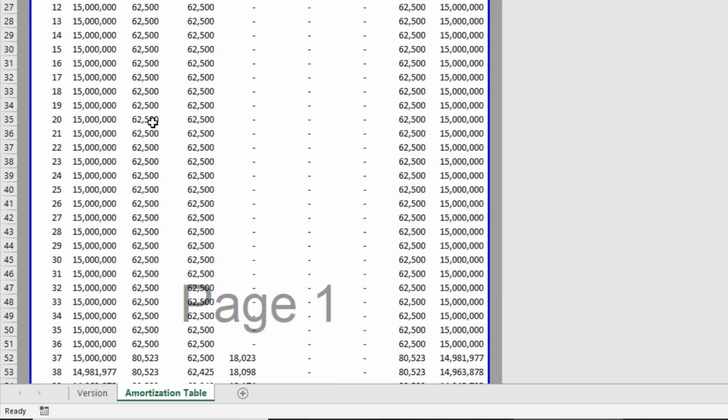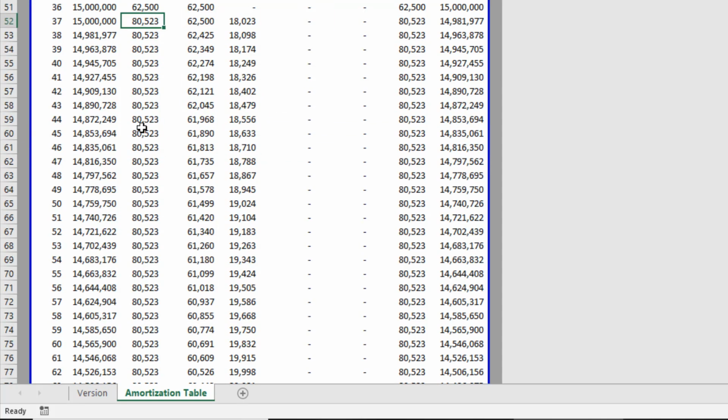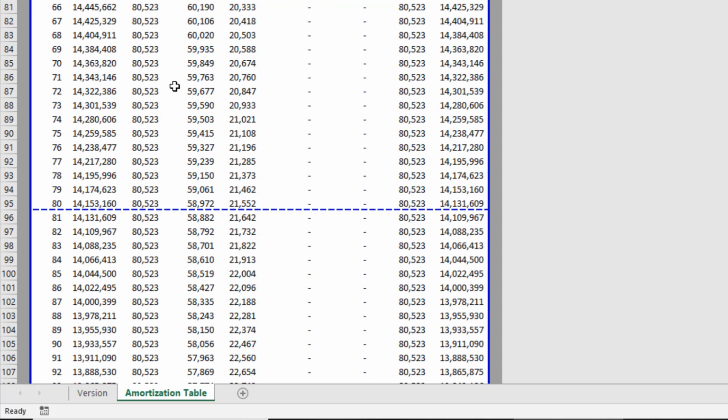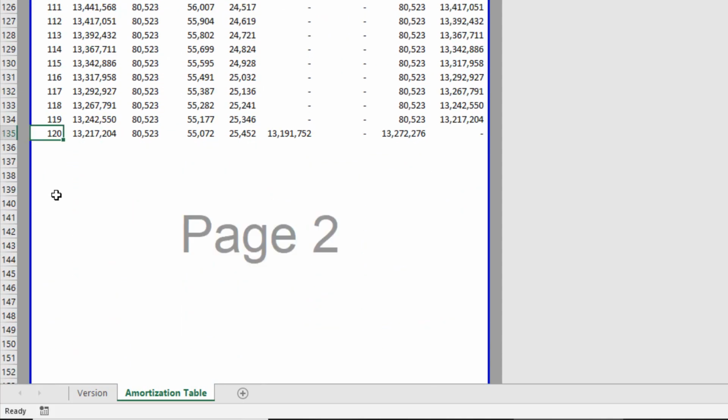And if I scroll down, what we're going to see is what? Beginning of year 4, or after the end of year 3, the loan begins to amortize. And it will amortize through to the end of the loan term. Remember, 10 years, month 120, at which point there's $13,217,000 owed on the loan.